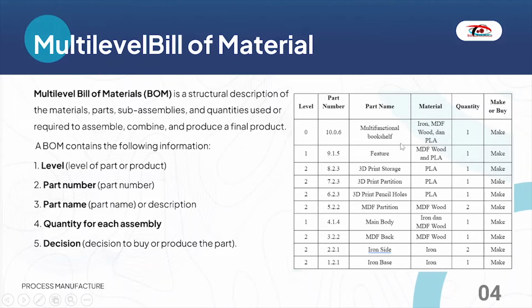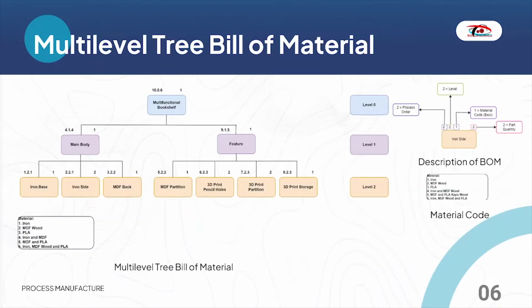For the part name, the materials are iron, MDF, wood, and PLA. Then the quantity of the part, and make or buy. If buy, the company will buy from the vendor, not make it itself in production on the shop floor.